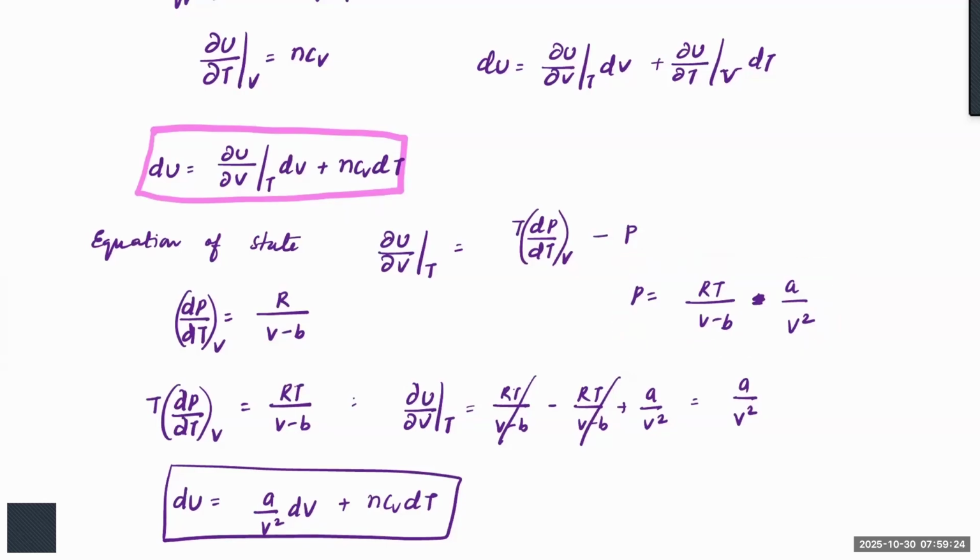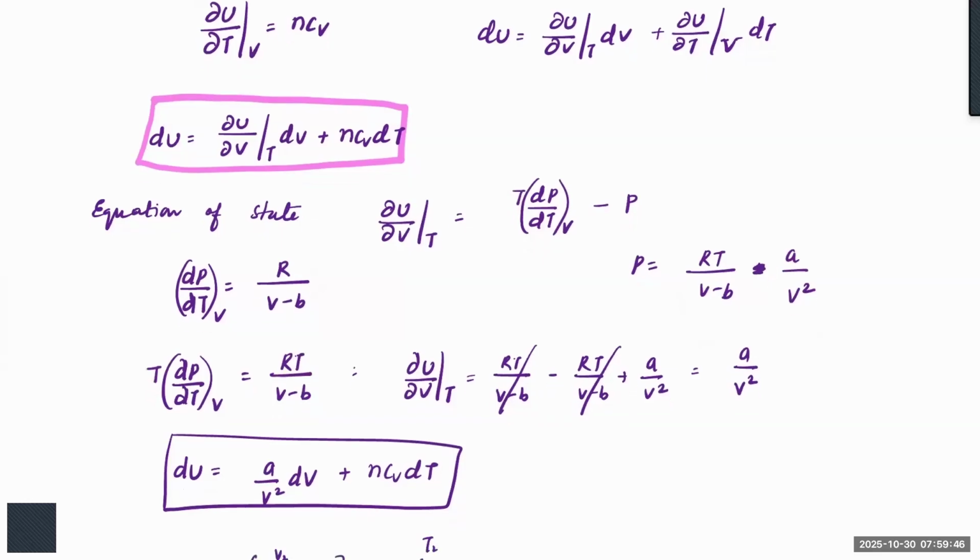Now, differentiate that with respect to T at constant volume. This value will be 0 and this will become R by V minus b. And multiply that with temperature again. Here you can see temperature again. So, RT by V minus b. Got it?